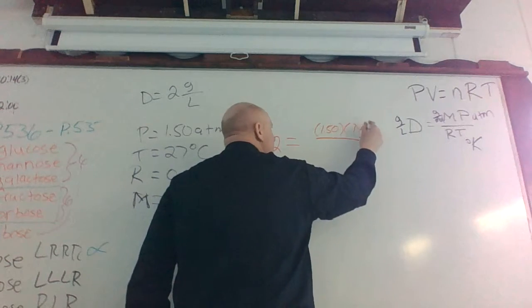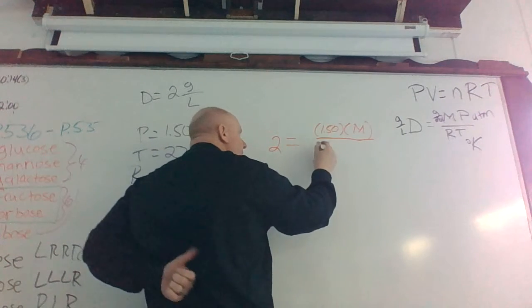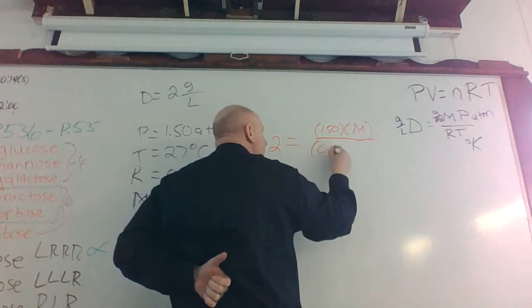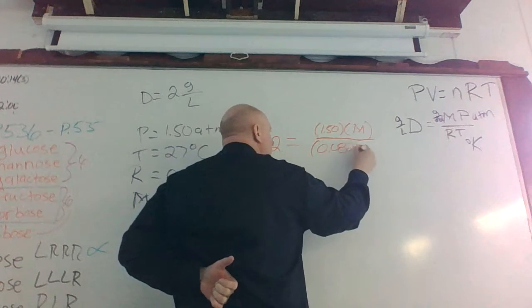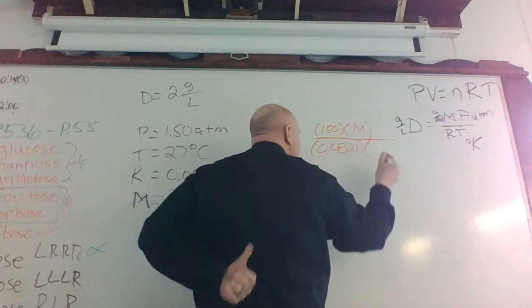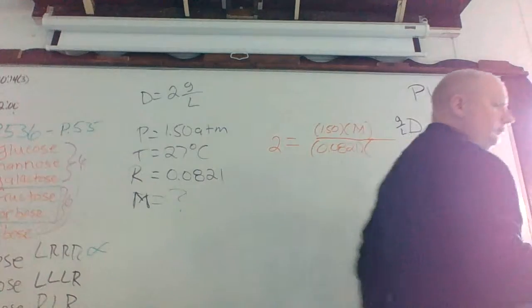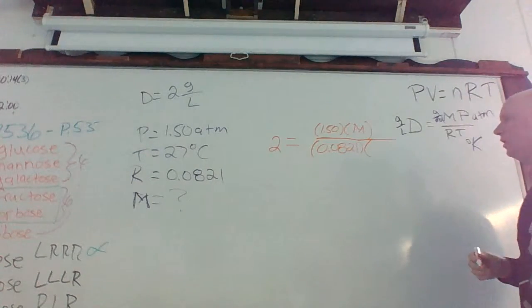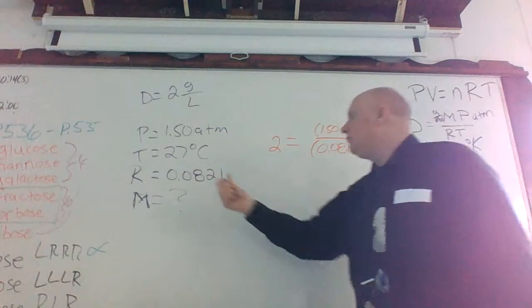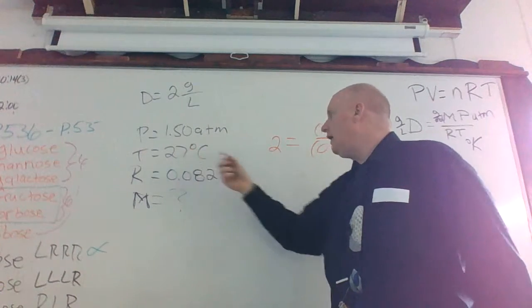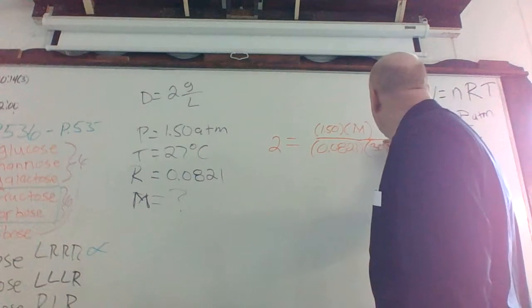Times M, and then what goes on the bottom? 20, well, okay, so that 300 means you're taking 273 and adding 27 to give you 300.